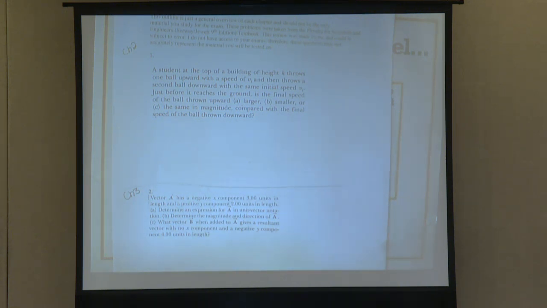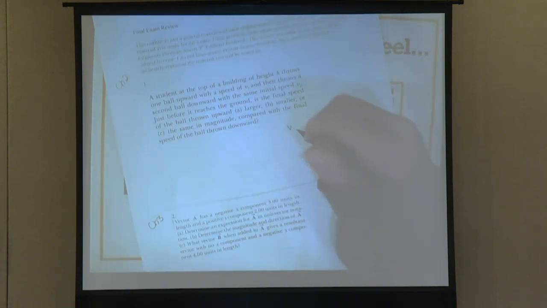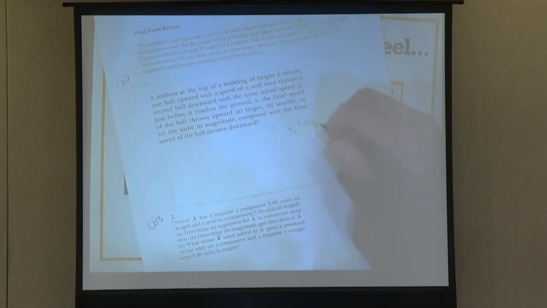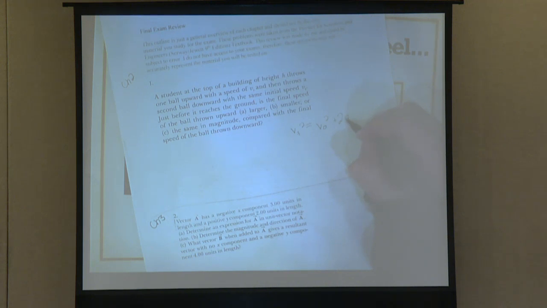In this case, they would have to be the same, because when you look at the formula, vf squared equals v naught squared plus 2ad. The net distance in this case is going to be 0.